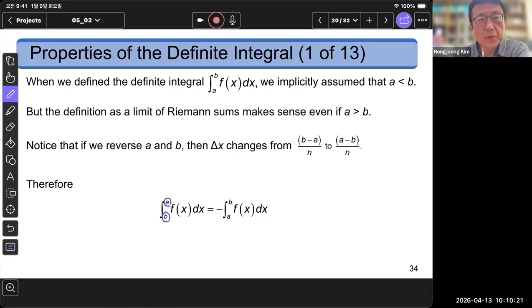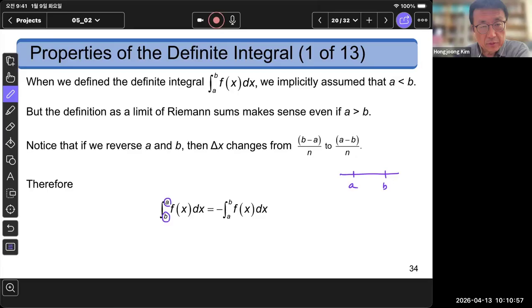So first, given this lower limit and upper limit. When I initially derived this definite integral, we started with some interval from a to b. But in real applications, in engineering or economic problems, we are not going to consider a certain interval anymore, and we will just need to calculate a certain integration from a to b, and a doesn't have to be smaller than the b value.